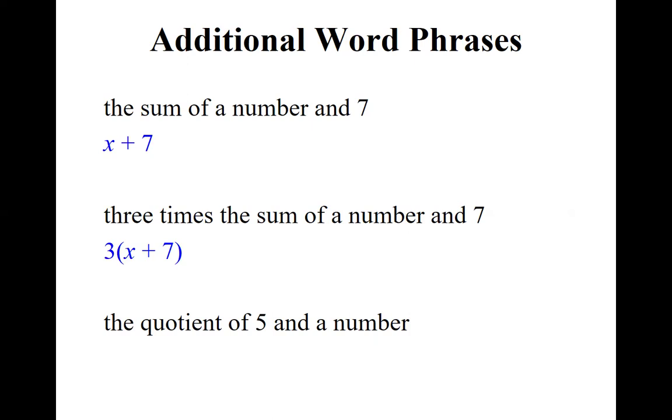That requires parentheses. 3 times the sum of x plus 7. To write 3x plus 7 without parentheses would be wrong. It would be incorrect. That would be 3 times a number plus 7, or the sum of 3 times a number and 7. We wanted 3 times the sum, so we needed the parentheses.